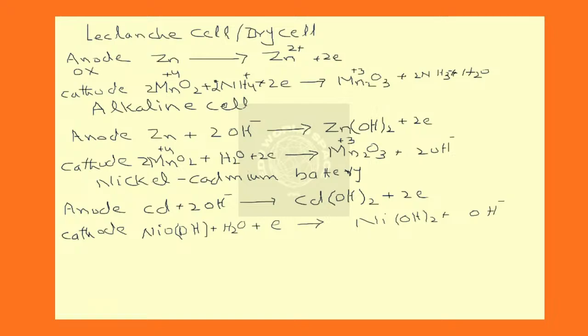To make the electron loss and gain equal, we will multiply the cathodic reaction by 2. The whole reaction will be multiplied by 2, so the loss and gain of electrons are equal.